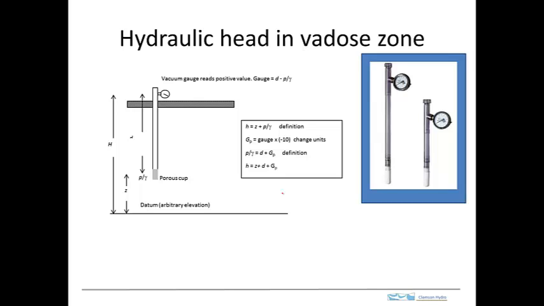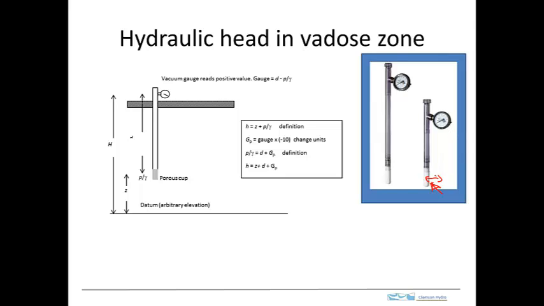Okay, so we need to be able to measure the head gradient in the soil. And we saw in a previous video that we could measure the head using a tensiometer. This is going to function like a piezometer in the soil, except this porous ceramic cup right here allows water to flow out and in, so we can exchange water between the tensiometer and the soil.